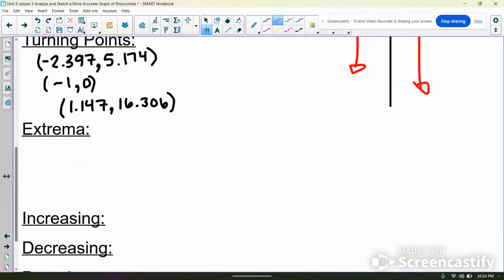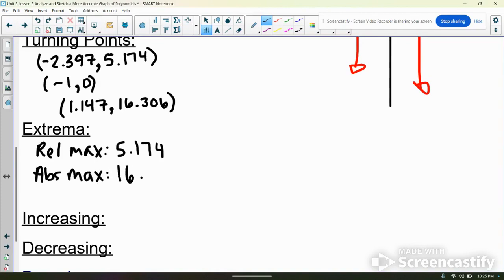We specifically have two maximums. One of them is a relative max, and we have an absolute max at 16.306. Do not report your absolute min as -infinity. We do not want that, but do report your relative min of 0.